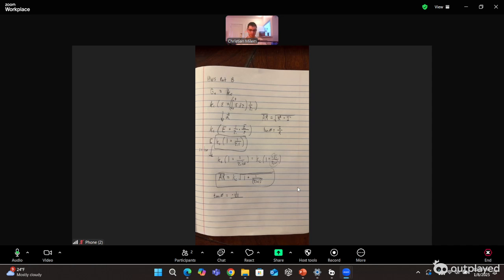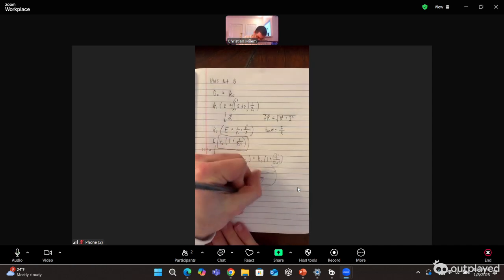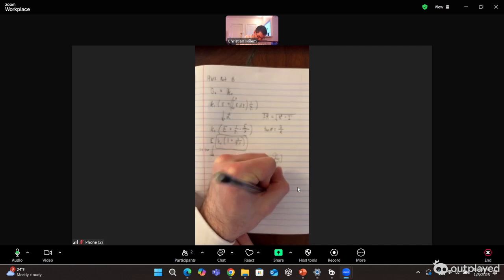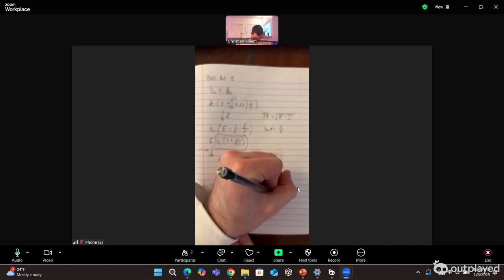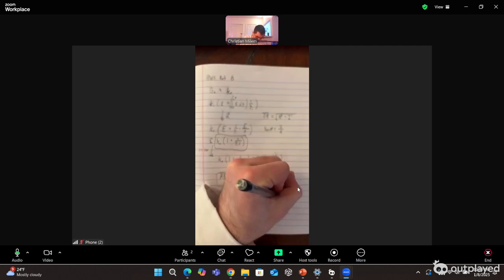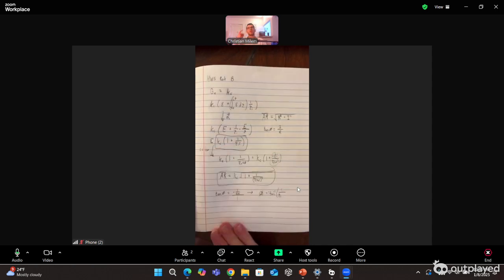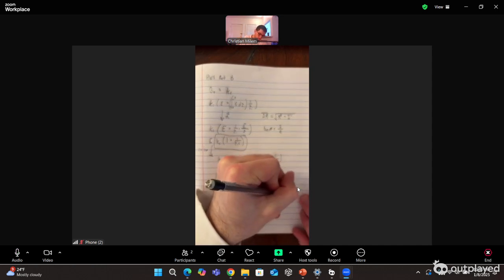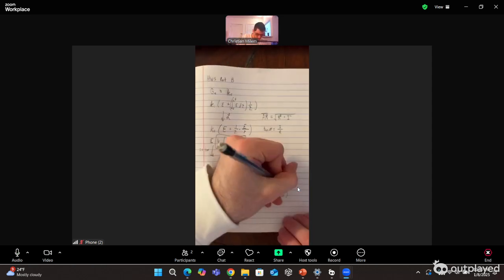But tau I is our reset time. So our phase lag phi is equal to negative tan inverse of 1 over tau I omega. Goodness gracious.